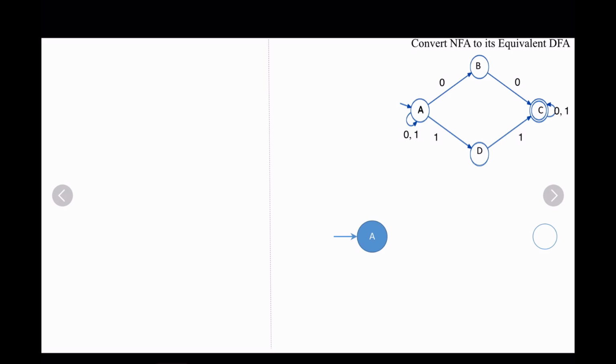For this, we need to find the transitions using the NFA transition diagram. The inputs given here are 0 and 1. Delta of A on 0 will go to B as well as A itself, so we get AB.